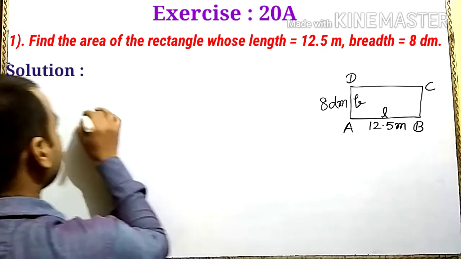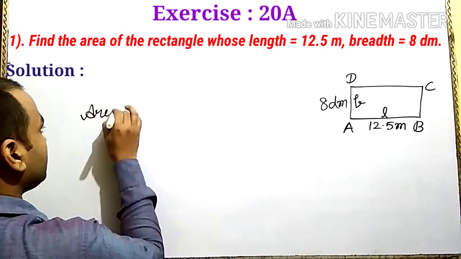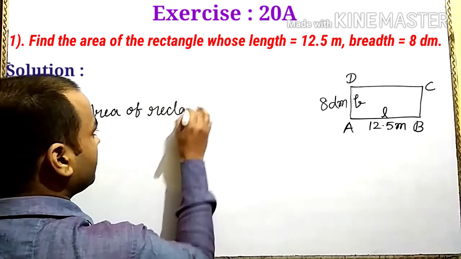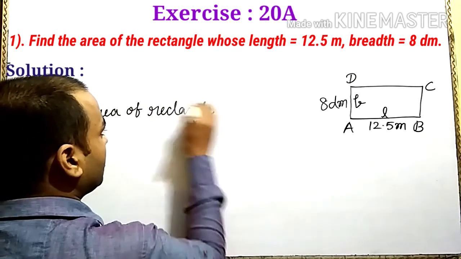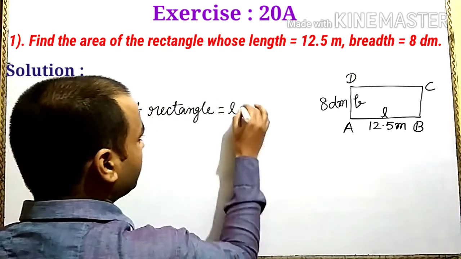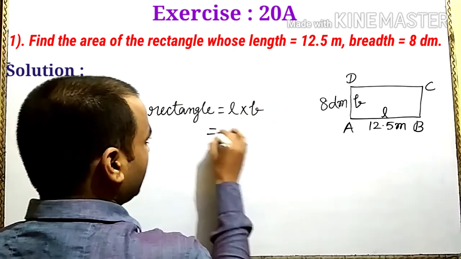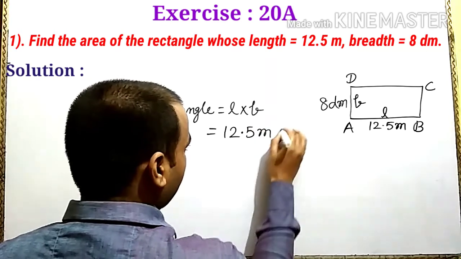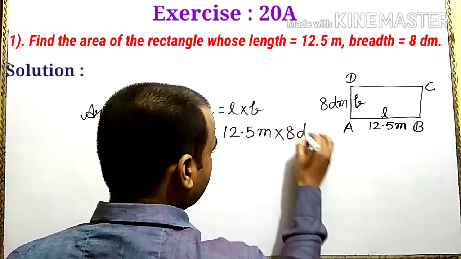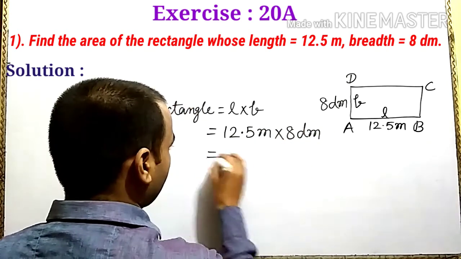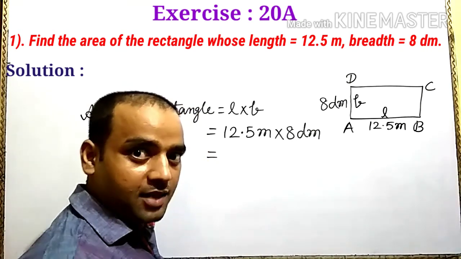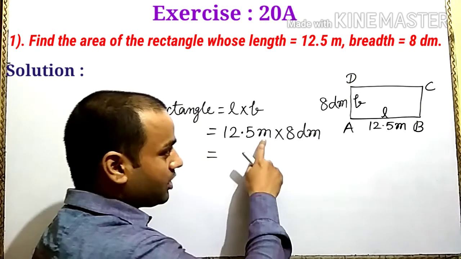We know that area of rectangle is equal to length into breadth. Here length is 12.5 meter and breadth is 8 decimeter. Always the unit will be the same, so always you will convert.